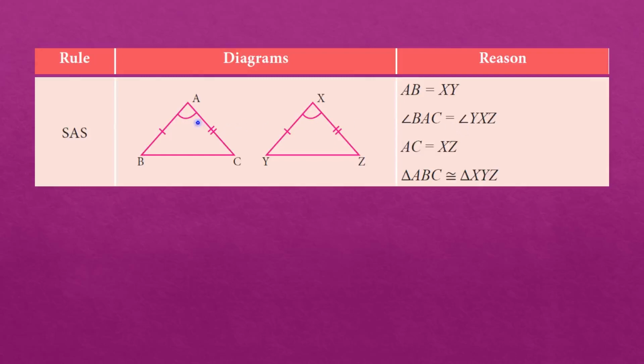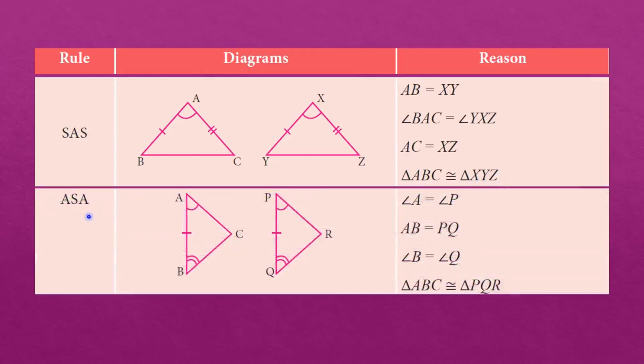This may be written as angle A is equal to angle X. So when 3 letters are given like this, written from start to end, the angle is in the middle. And the side AC is equal to the side XZ. So side, angle, side. By the SAS rule, we can say triangle ABC is congruent to triangle XYZ.